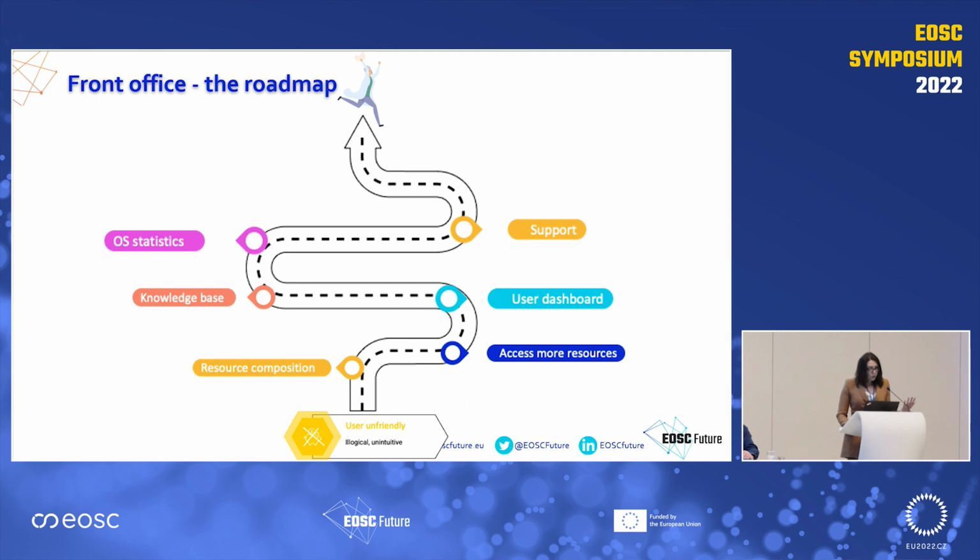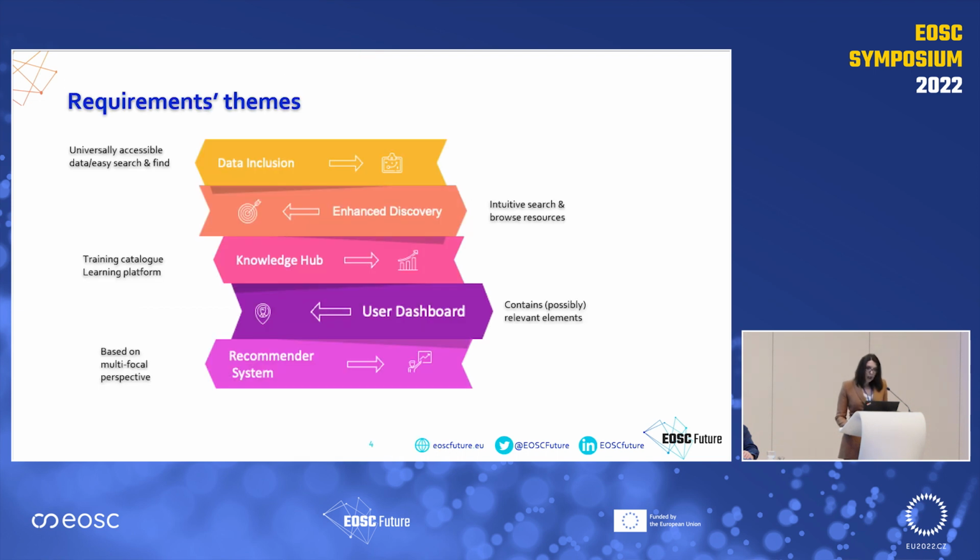We want the users to obtain also support and also to receive personalized recommendations. So in order to cover all these areas of interest, we divided the work in 5 themes. You can see them here in these very colorful ribbons.